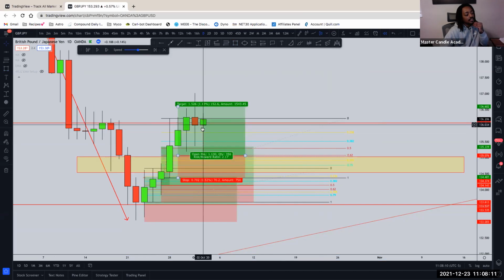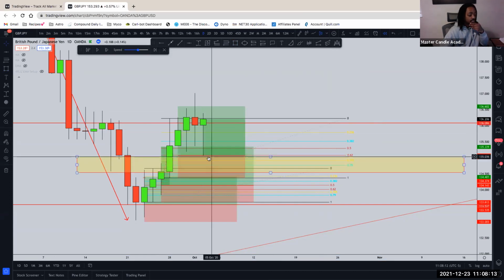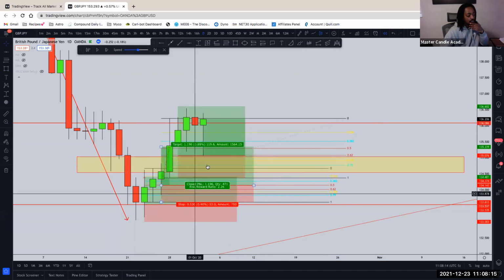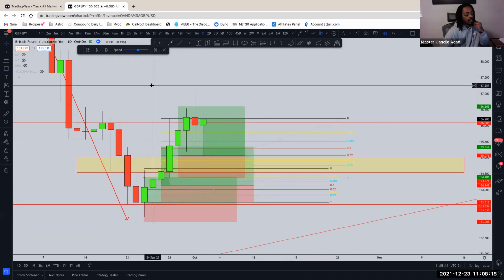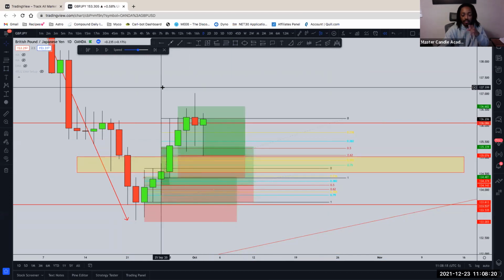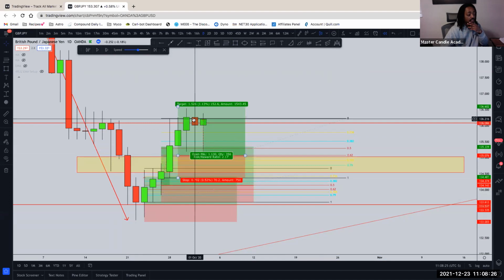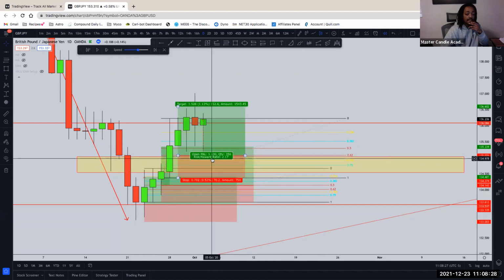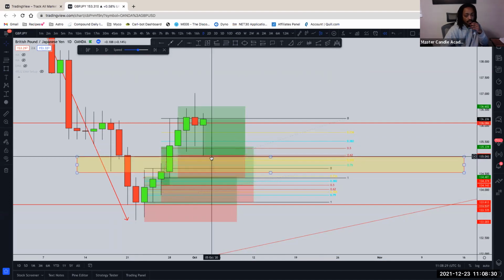If price gives us another 50% retracement of this entire move, right? What pattern would it be setting up for? If price wanted to give us a 50% retracement, what pattern would it be setting up for? A W. So Janelle, you're not completely wrong.